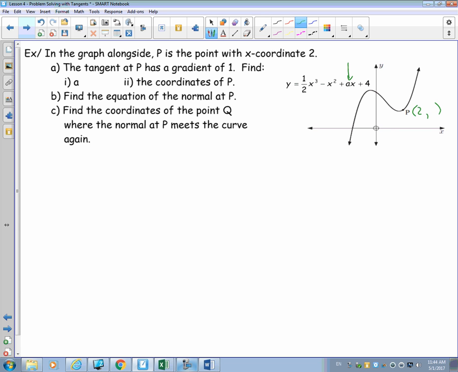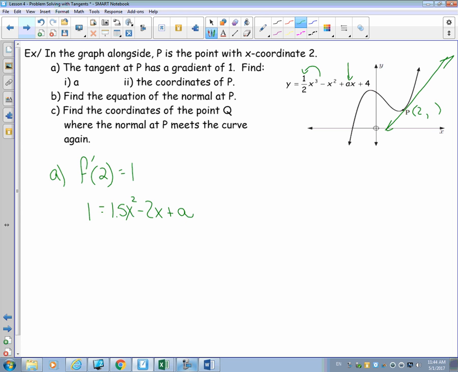Find, the tangent has a gradient of 1 at P. So in other words, if I were to draw this tangent, I know the slope is 1. In other words, for part A, f prime at 2 comes out to 1. Well, let's see if we can find the derivative. I know it's going to come out to 1. 3 times 1/2 x, that gives me 1.5x squared minus 2x plus a.